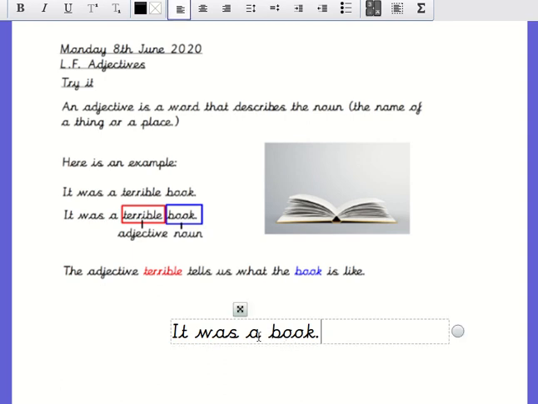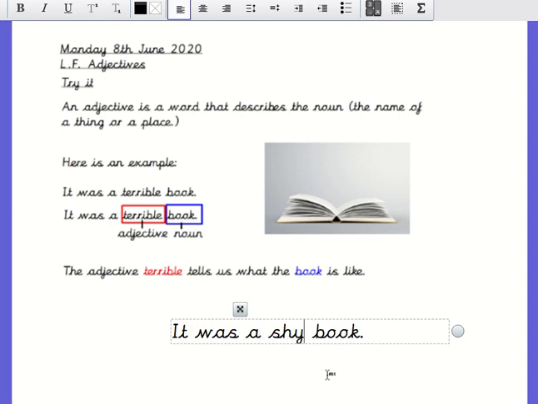Now, I know an adjective I might use could be, you could describe a person as shy, couldn't you? It was a shy book. Something wrong there. You can't really describe a book as shy. So you need to be really careful about the adjective that you're going to use to describe your noun. You need to make sure that it makes sense.